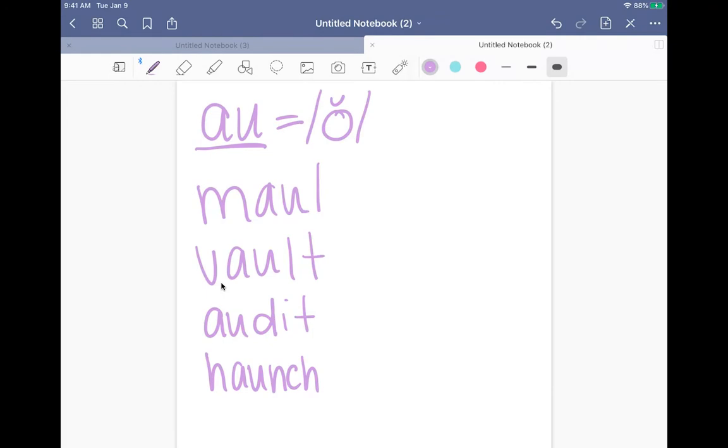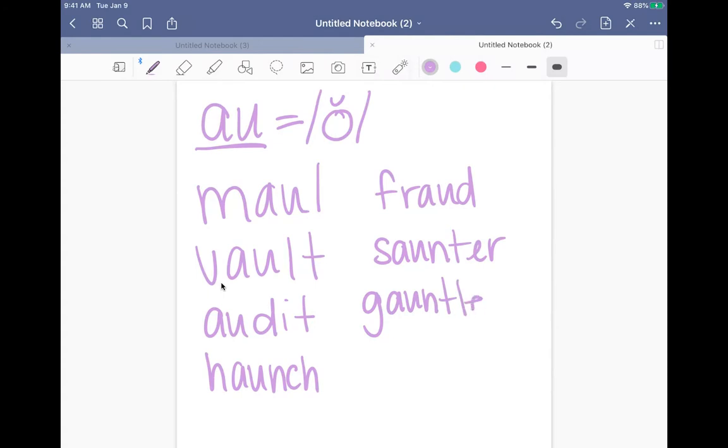None of these words have a rule in them that you don't already know. None of the rules in the word should be unfamiliar other than the AU, which is what we're working on this week. So when I look at all of these words, I see that they all have that AU diphthong. And I'm just going to code all of them so that when I read my word, I know that they're going to make that short O sound.